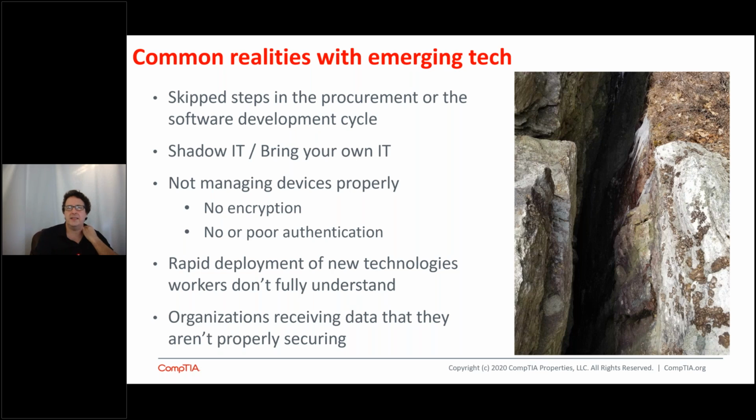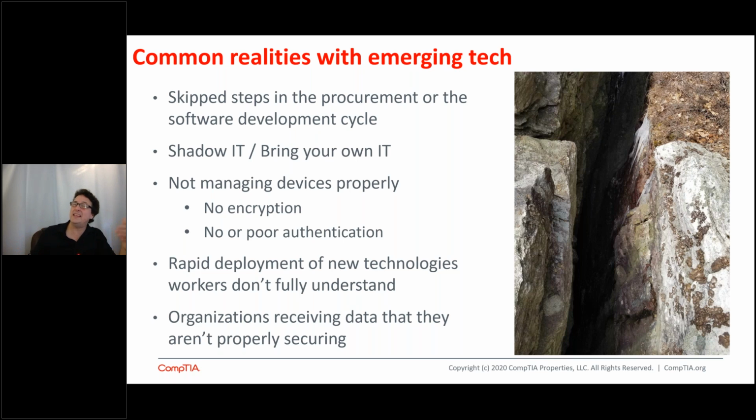Another issue is the concept of shadow IT or bring your own IT. They're related. Bring your own IT is the idea that, well, James, you're allowed to bring your mobile phone in there if you want. That's great. Shadow IT is something a bit different. It's basically where individuals or individual groups in an organization, instead of going through the CIO or through the IT department to create an IT solution, they just grab a Visa card and go up to the cloud and do it themselves.